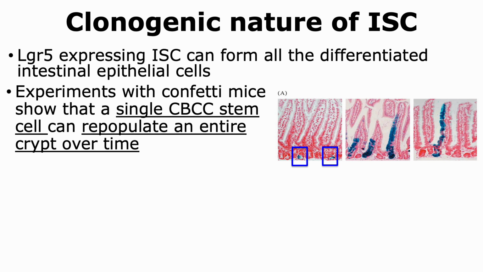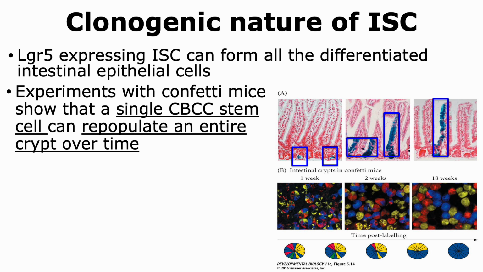The beta-galactosidase can be induced to undergo a catalytic reaction to give a blue color. So when we look at these blue boxes where we see those blue dots, that is where we have the CBCC stem cells. Now what we can see is over time, in the middle panel some time has passed, we can now see more cells showing blue coloration. These cells arose through the cell division of the CBCC stem cell and are undergoing differentiation to produce the intestinal cells.